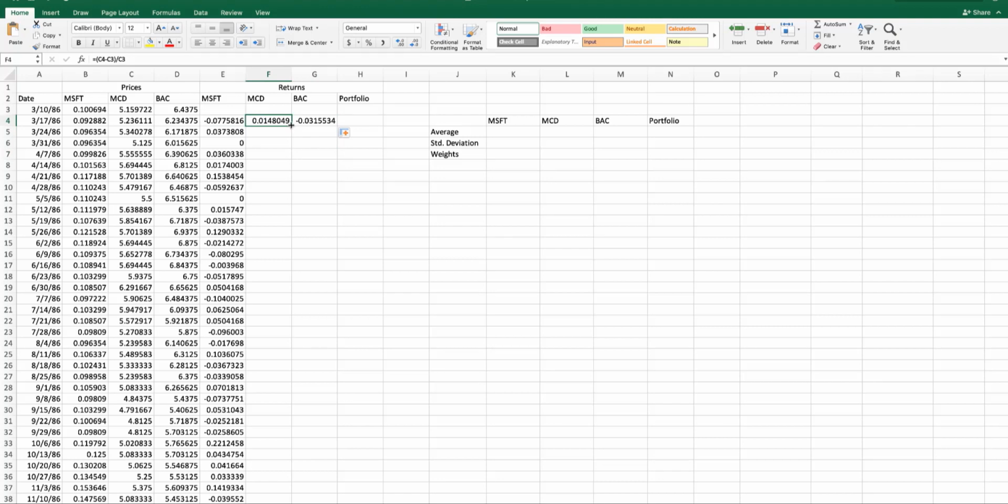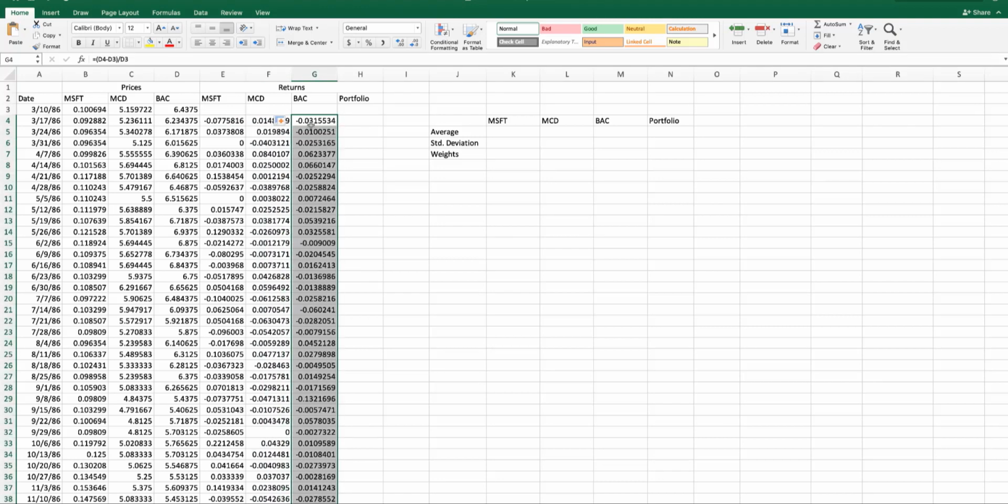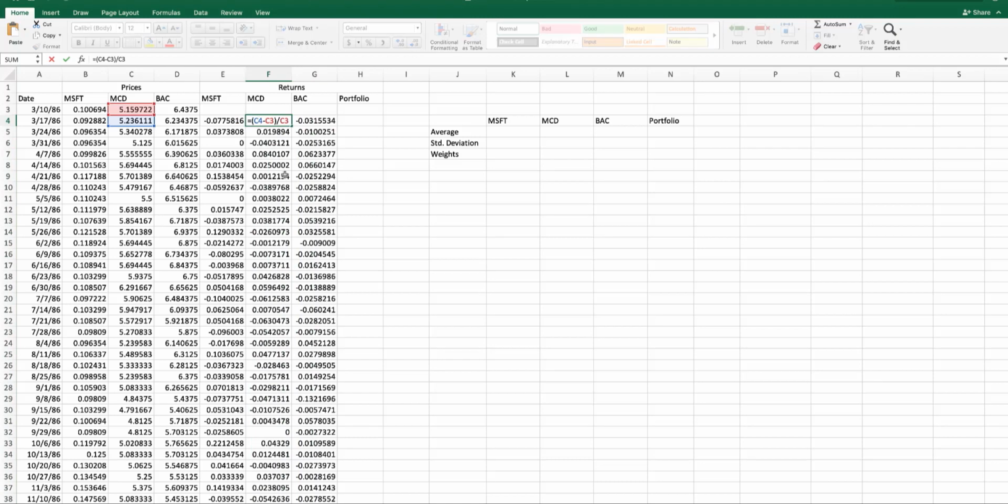So there you have the returns for McDonald's, and then you have the return for Bank of America. You may have noticed that we did not fill these cells over here. This is because if we wanted to calculate the return for this week, we would need the price information from the week before.